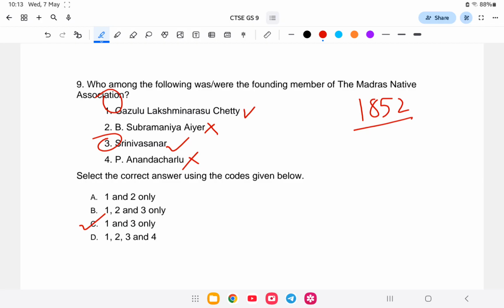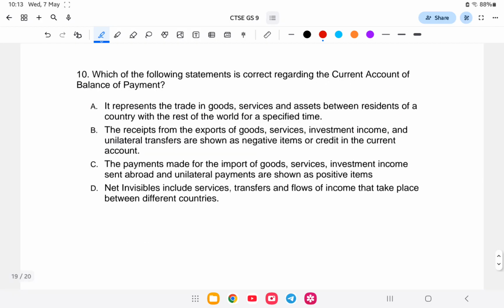So let us go to the last and final question for today. Which of the following is correct about the current account of balance of payment? Question number 1 we've already studied, so this is like a revision. The receipts from the export of goods and services, investment income, and unilateral transfers are shown as positive items.